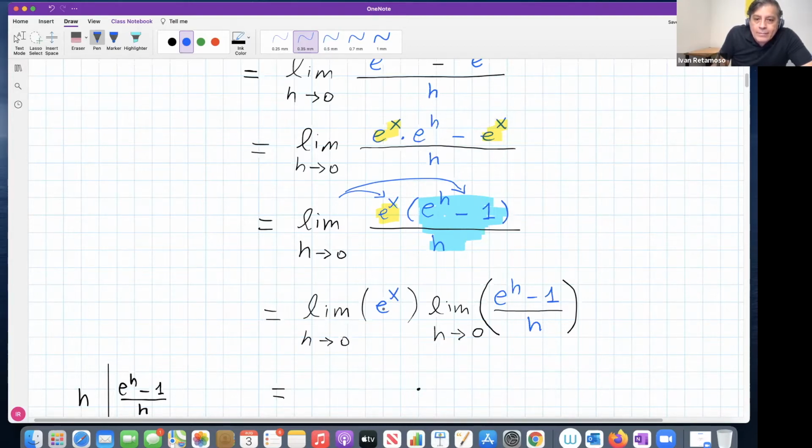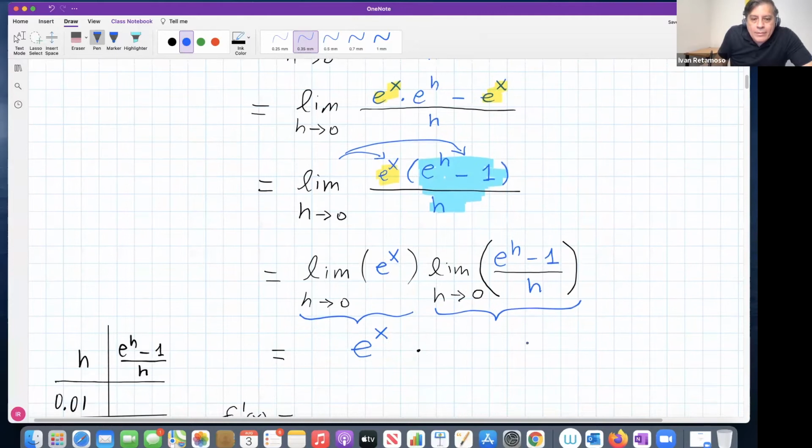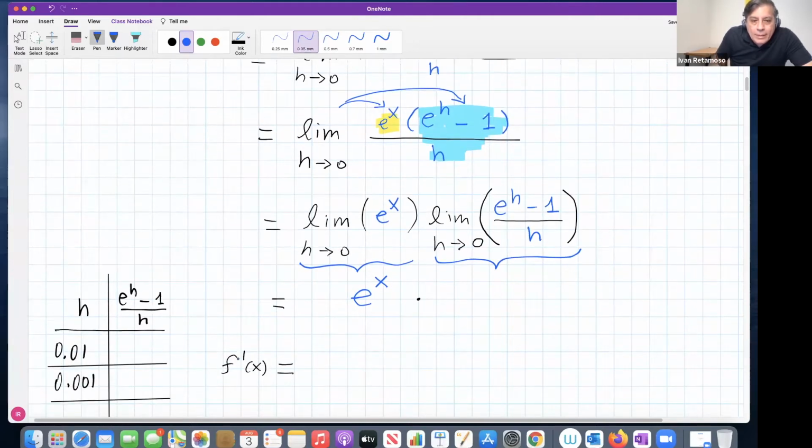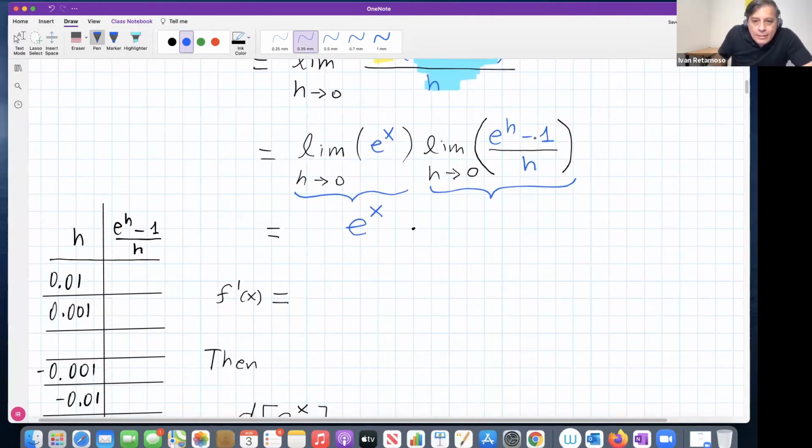So the limit of a constant, remember, is just the same constant, right? So this limit, easy to compute, is just e to the x. Now, for this limit, I have to figure out how to get it, right? And remember, I showed you that in order to compute limits, we can use tables. So we're going to use tables to compute this limit.